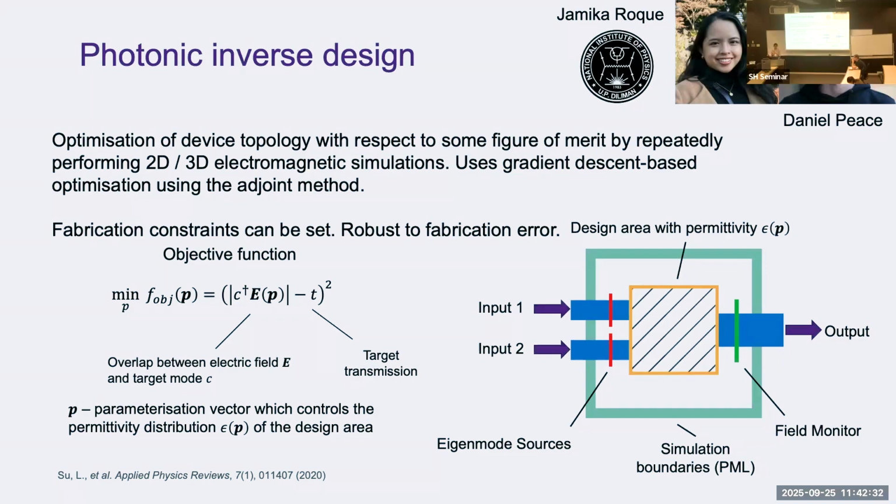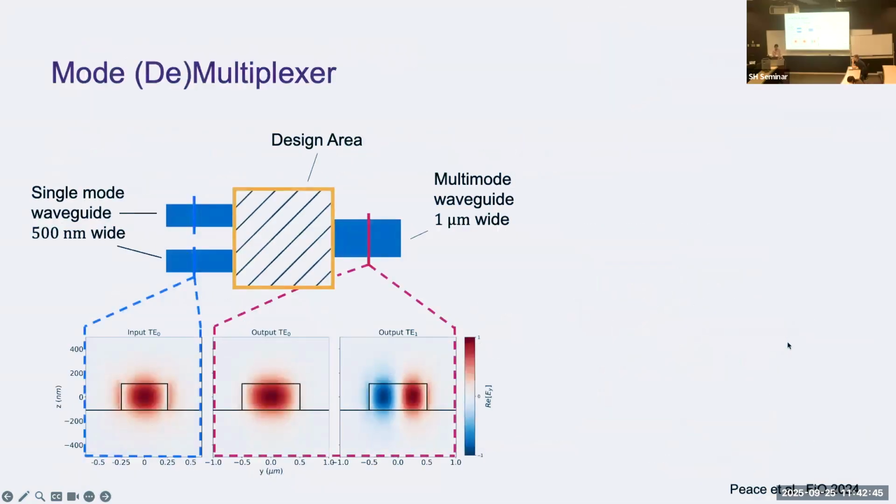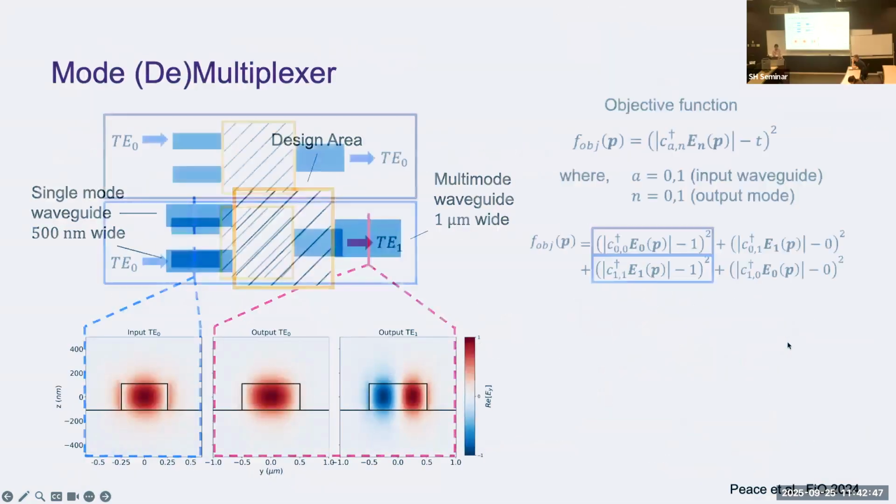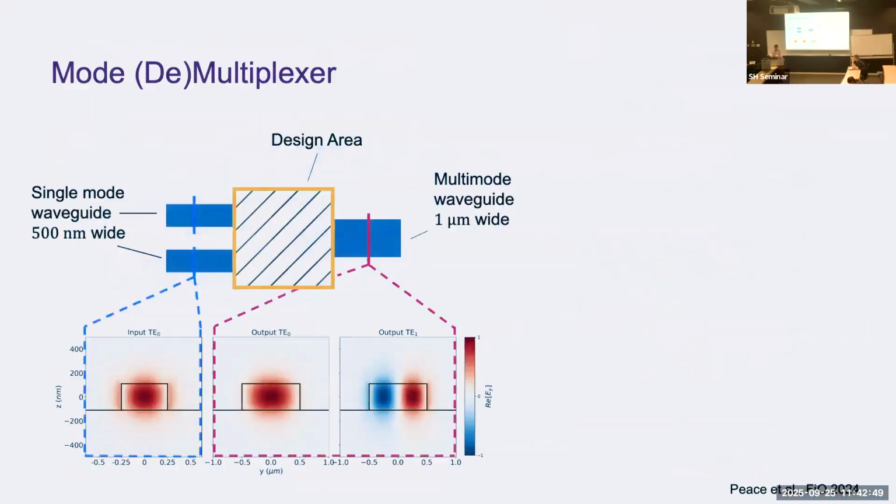So we get the package. I'm not an expert in adjoint optimization. We get a package where we just define what the input is and what the output is that we want. For example, here I am multiplexing two modes.